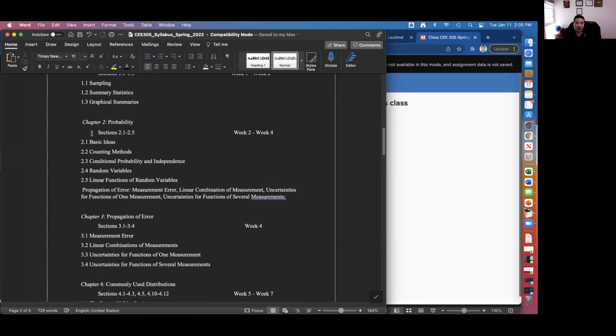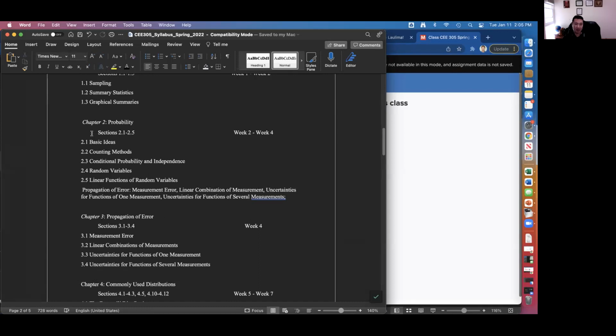We'll discuss random variables, permutations, how to use the counting method to calculate probability, and conditional probability and independence. Chapter 2 also takes around 3 weeks.